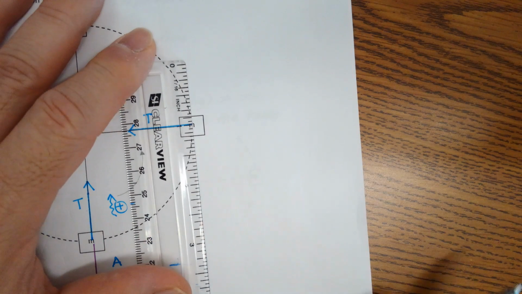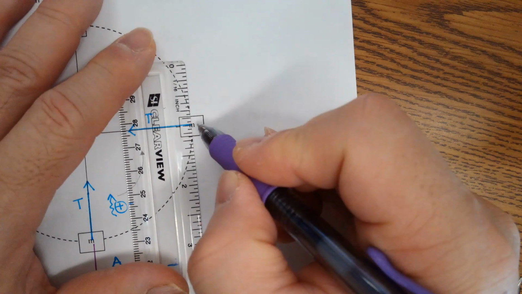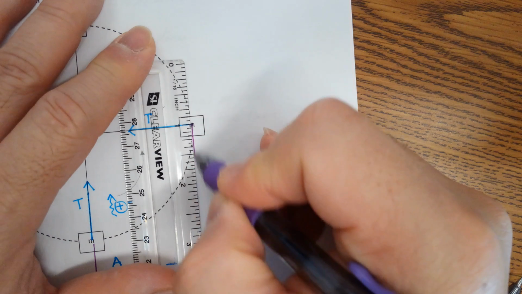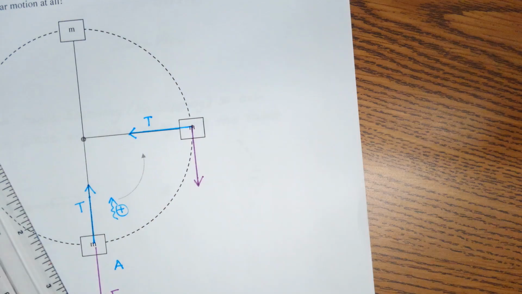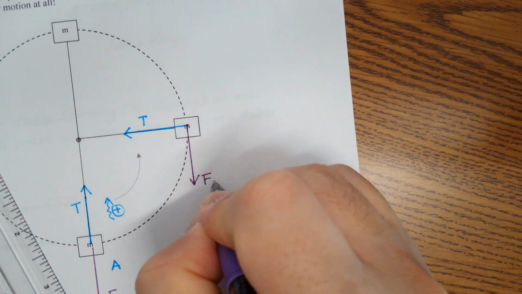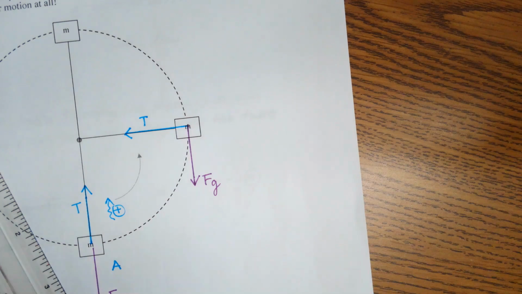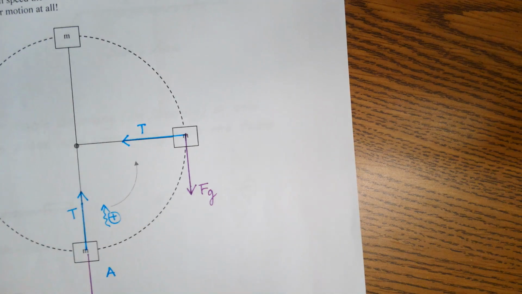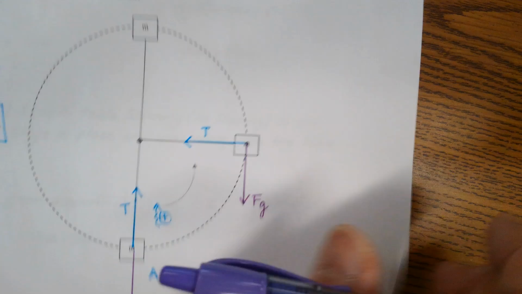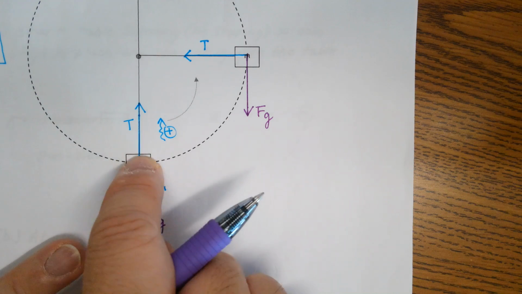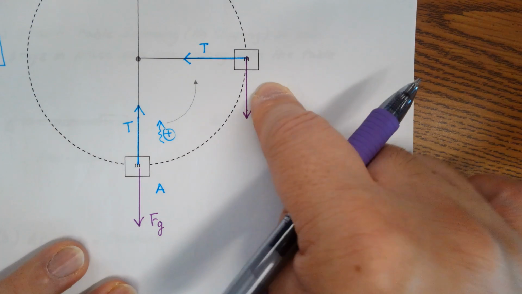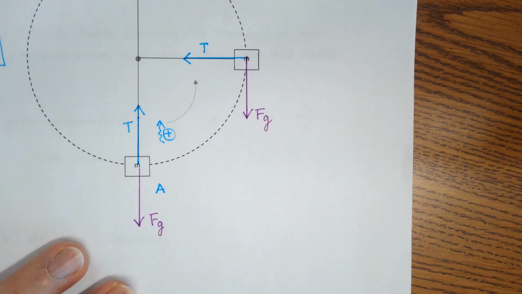My Fg is going straight down, and it does not contribute in any way to this object going in circular motion. So it's very neutral in this case. At A, my gravity is fighting the circular motion. Here it is neutral.